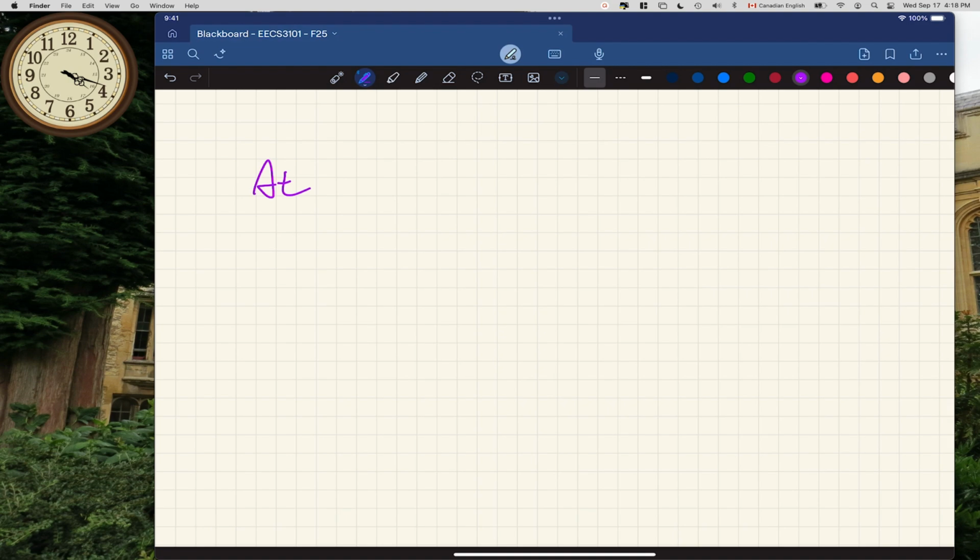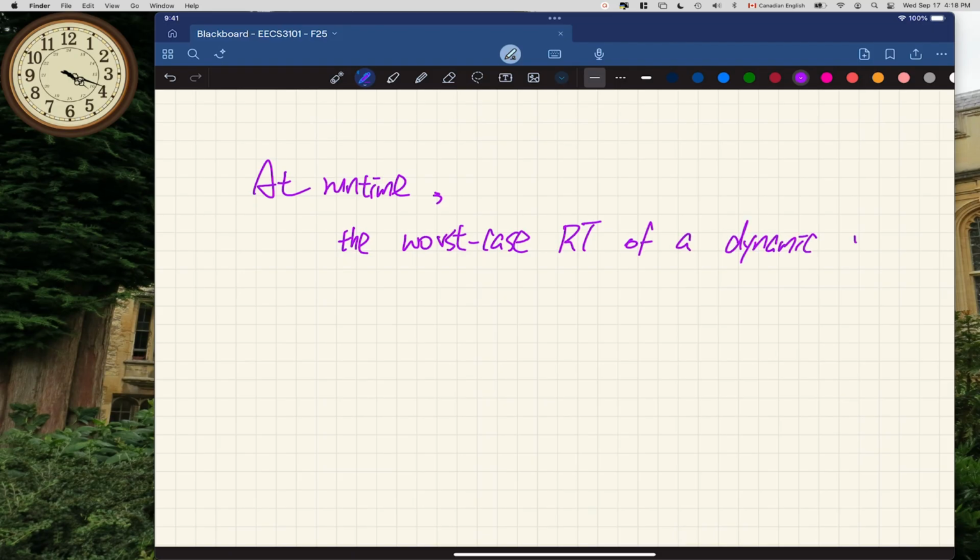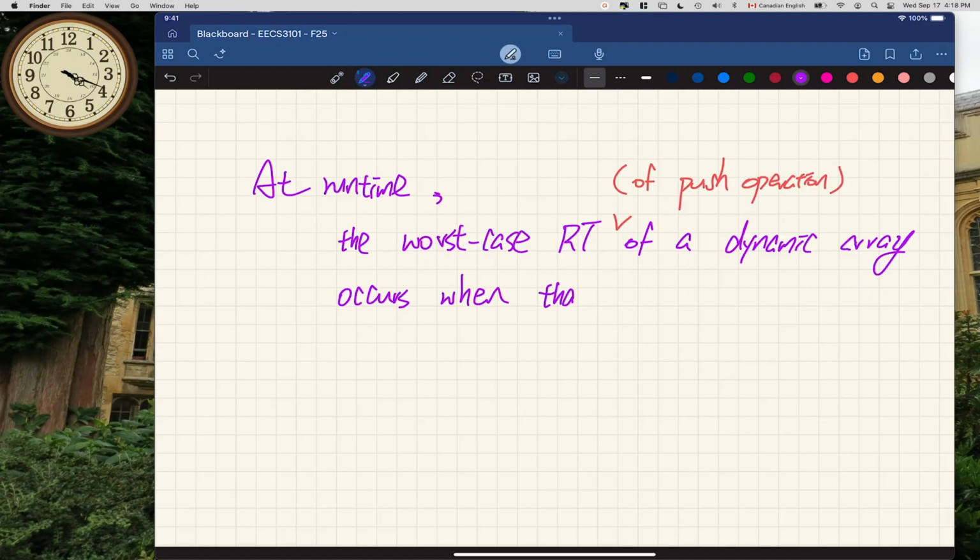At runtime, the worst case running time of the push operation of a dynamic array occurs when that push operation triggers the resizing.